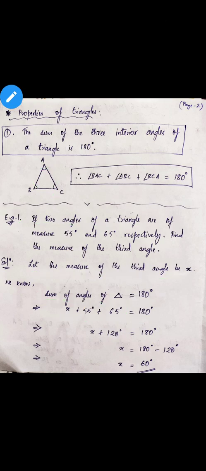Now x plus 120 degree equal to 180 degree, and if you take this plus 120 degree to the right hand side, it will become minus, plus will become minus. Okay, so after subtracting, we are getting x equal to 60 degree. So this is how you find the measure of the third angle. Okay, if 2 angles are given, we can easily find the third angle of a triangle by this method.